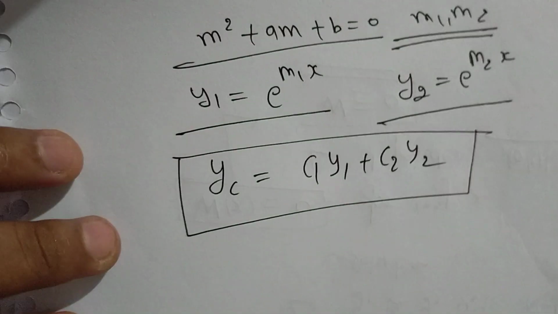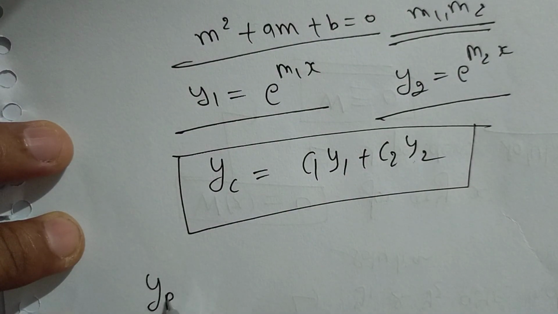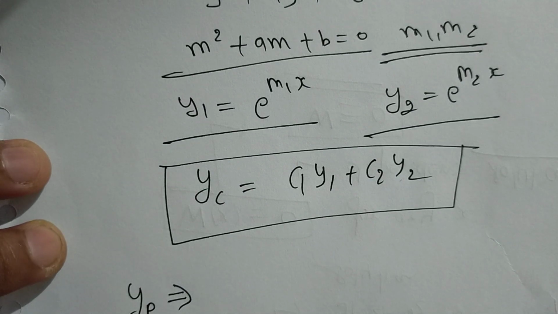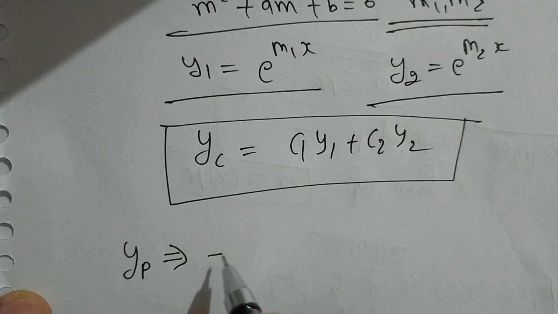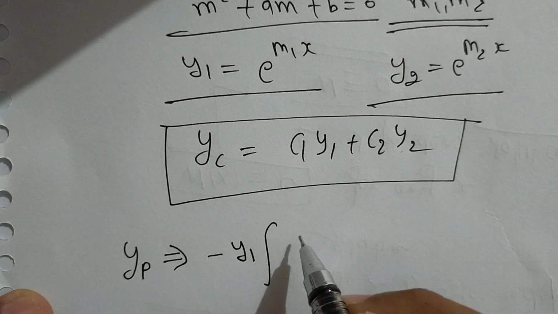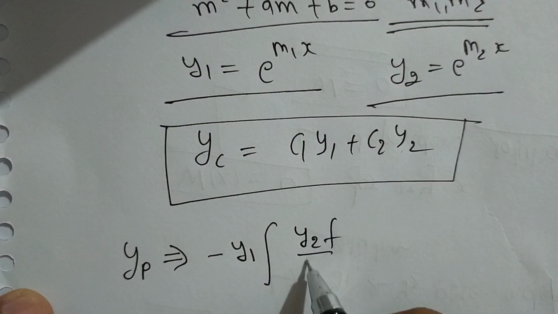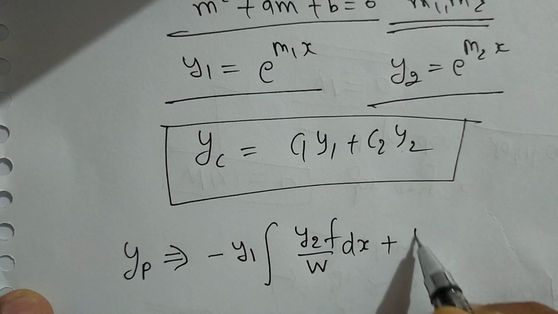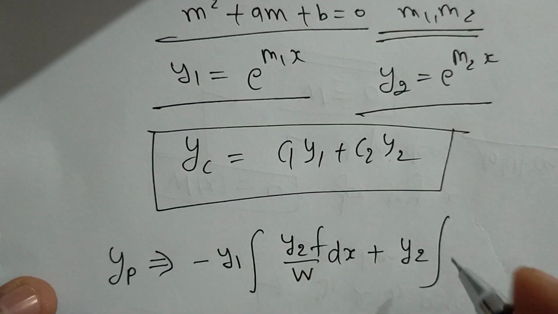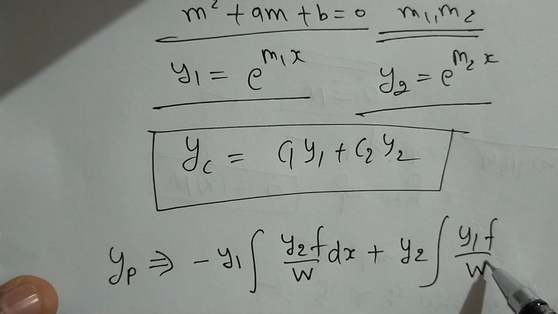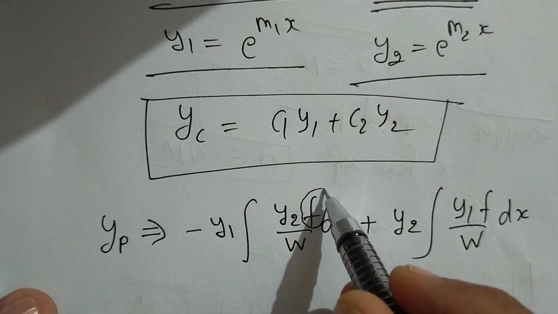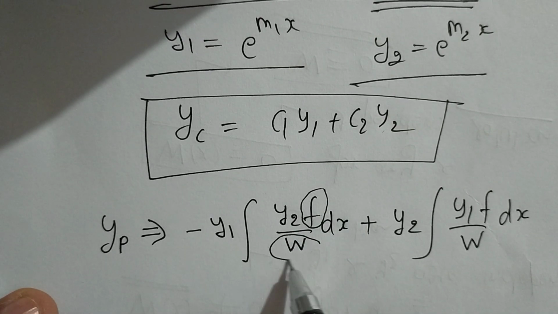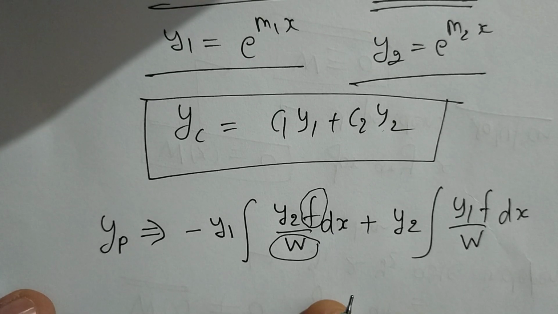So the formula for particular integral yp will be yp equal to minus y1 integral y2 f by w dx plus y2 integral y1 f by w dx, where this f is the non-homogeneous part and w is the Wronskian of y1 and y2.